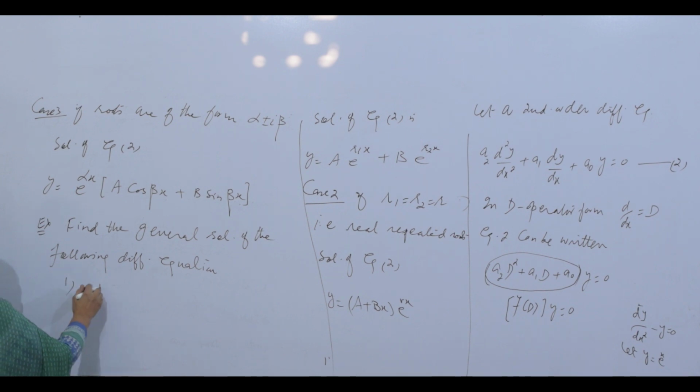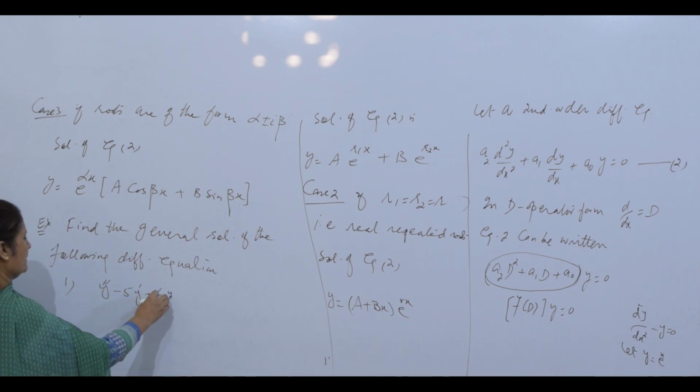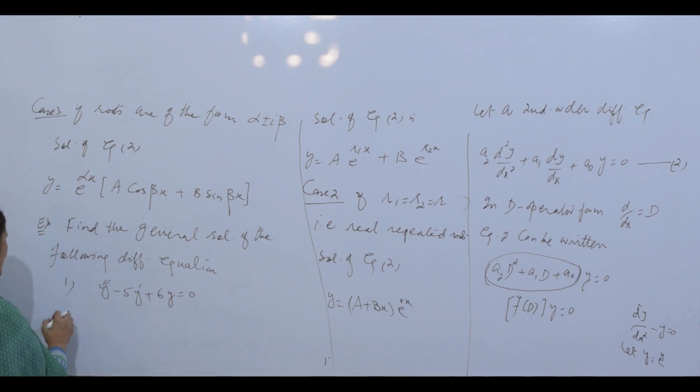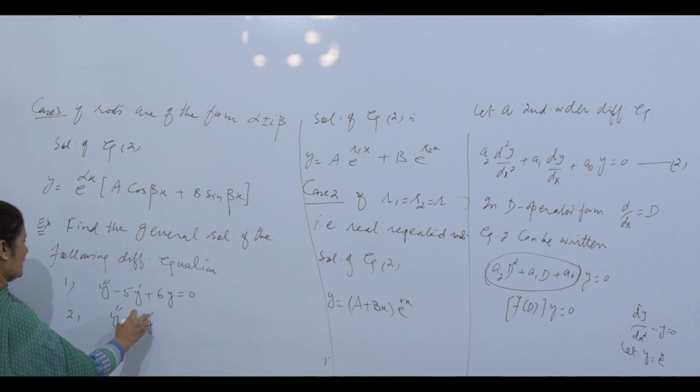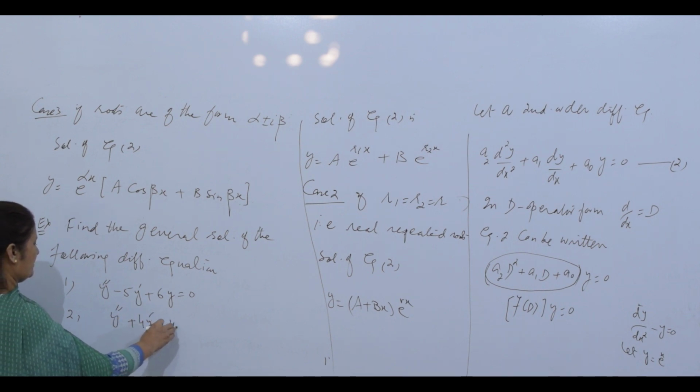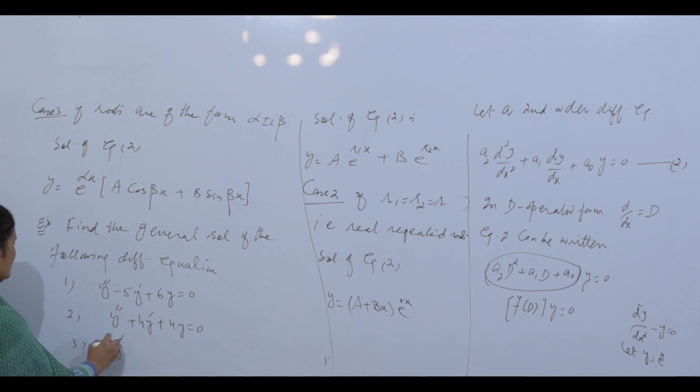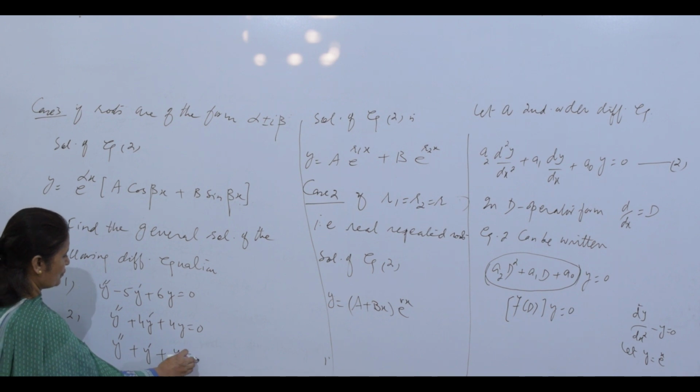Number 1, y double dash minus 5y dash equal to 0. Number 2, y double dash minus 4y dash plus 4y equal to 0. Number 3, y double dash plus y dash plus y equal to 0.